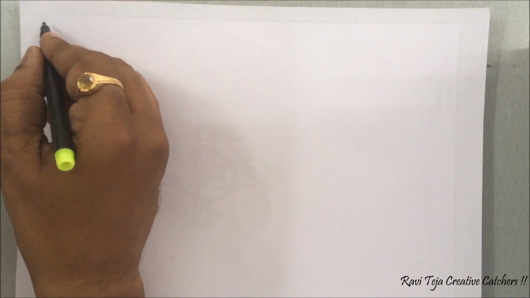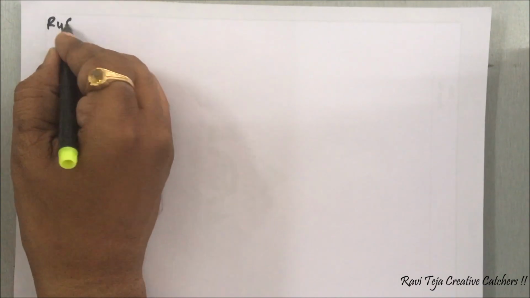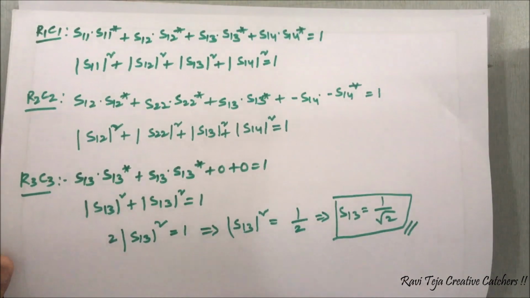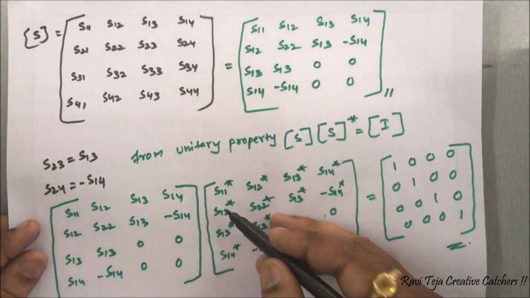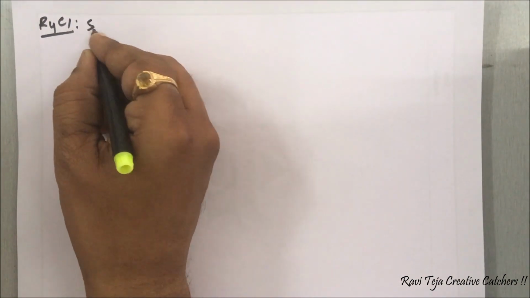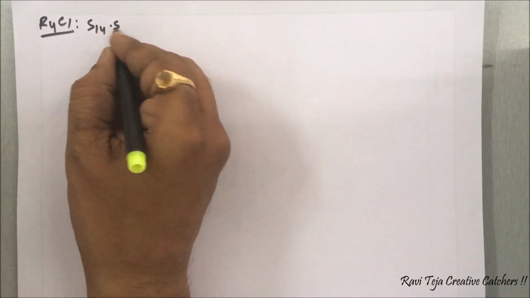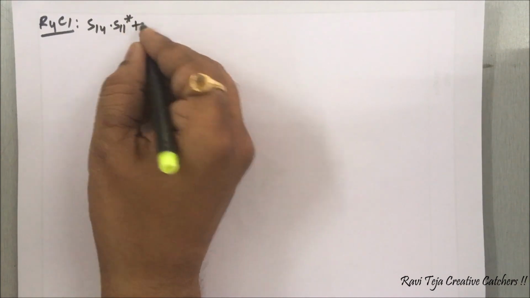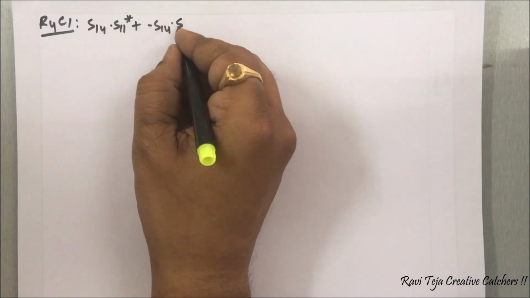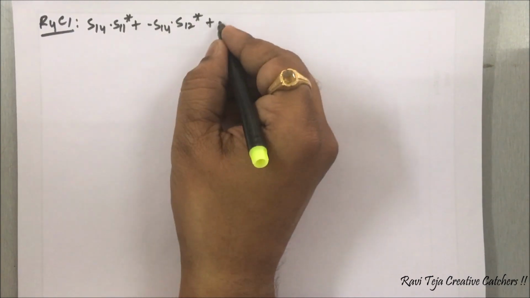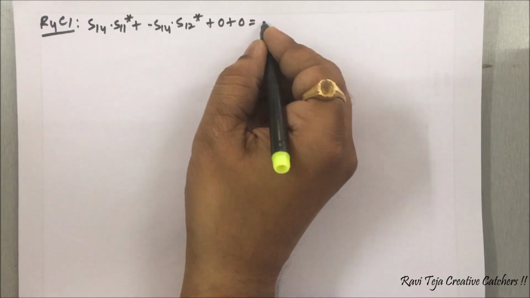Now let's calculate row 4 and column 1. Now if you calculate that, we get S14 into S11 star plus minus of S14 into S12 star plus 0 is equal to 0.